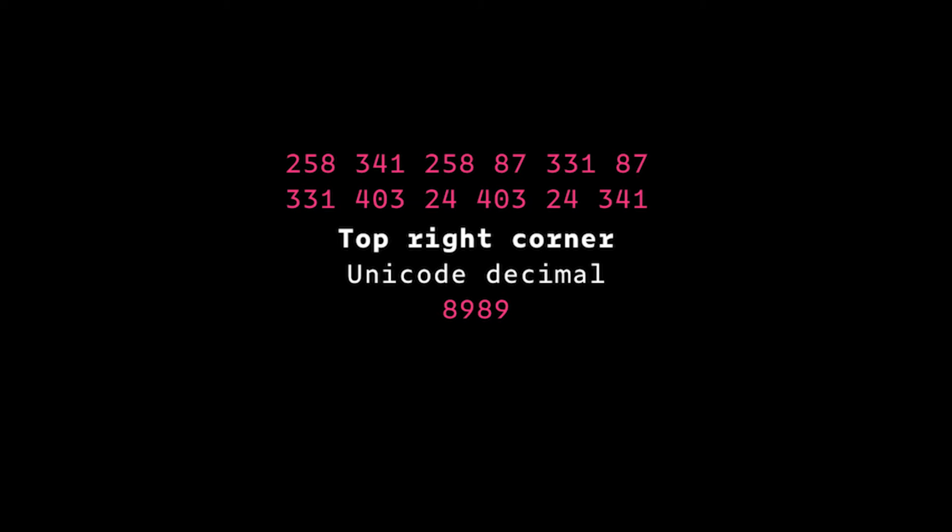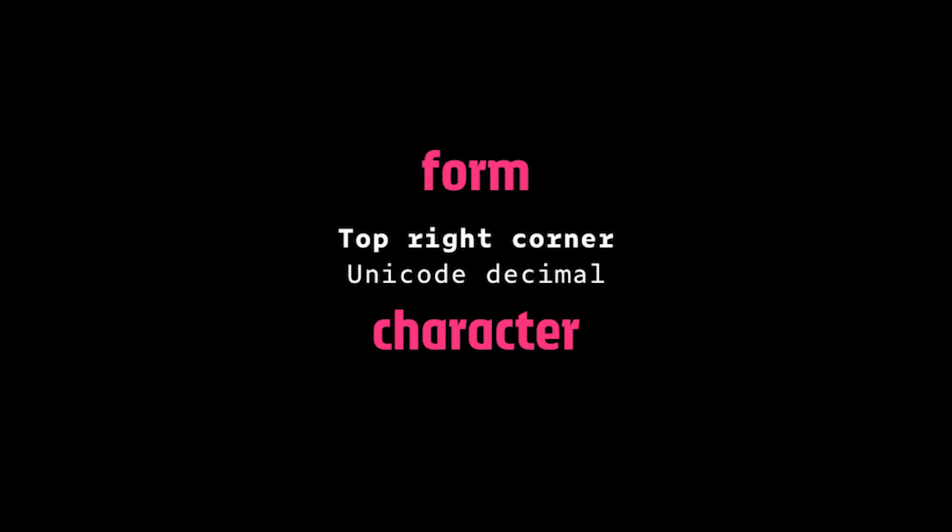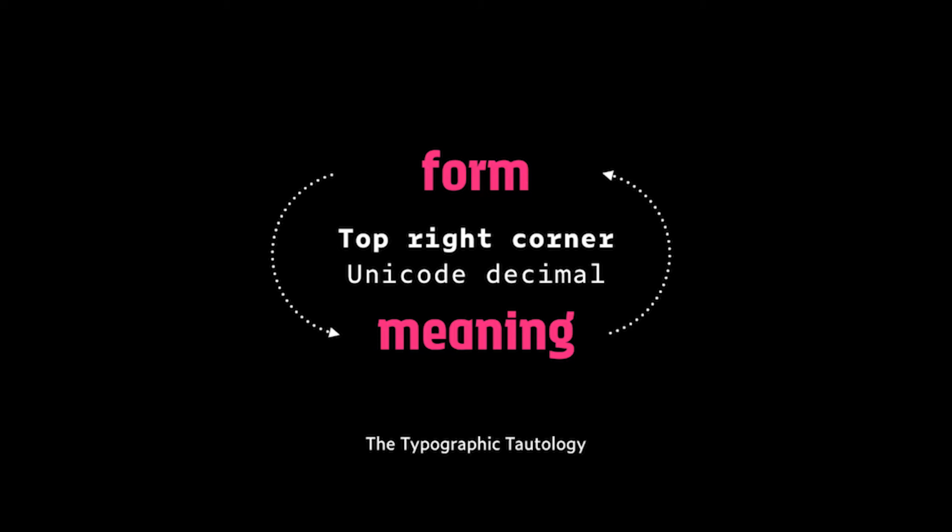Therefore, the form and the meaning are both numbers. One number is representing the glyph, the form, and the other one is representing the character. So we have form on the one side and meaning on the other, which are both represented by numbers.